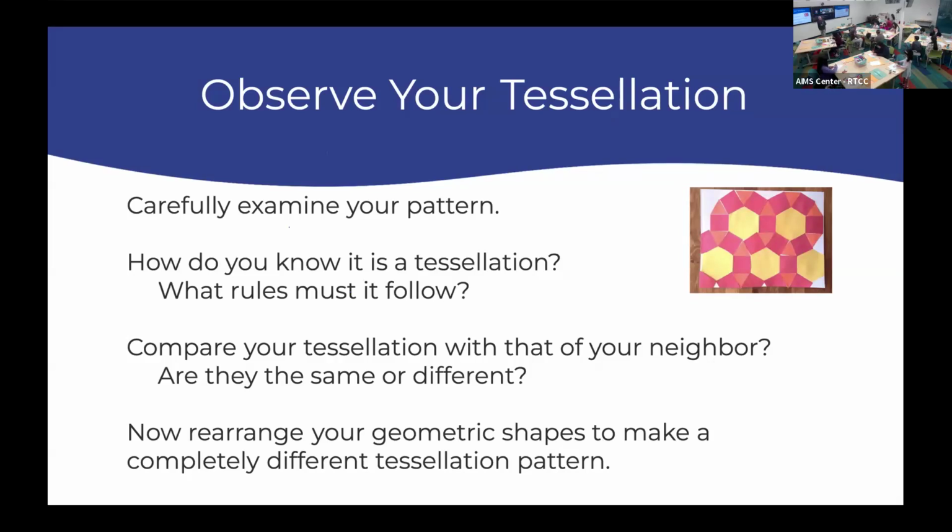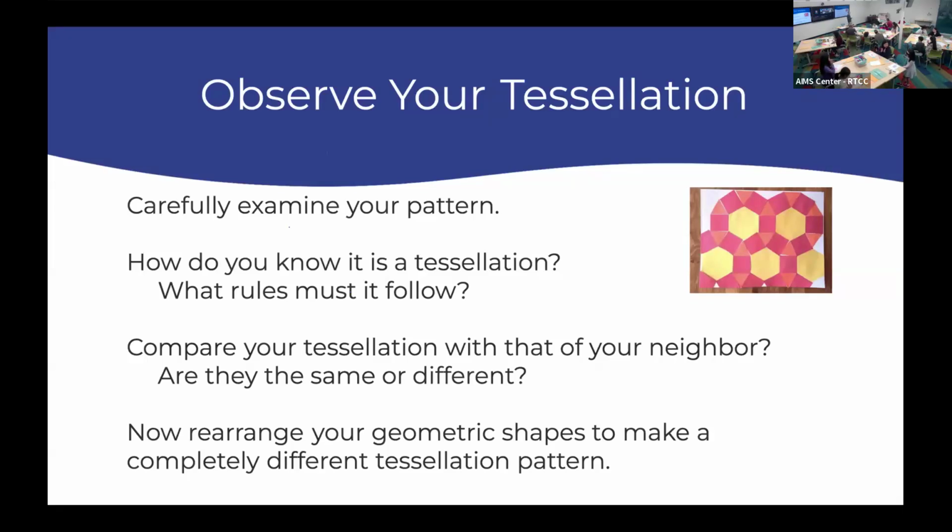So as you're creating your tessellations, carefully examine your pattern. How do you know it is a tessellation? Remember the rules that it must follow to be a tessellation. Does it fulfill those rules? Take a look at your neighbor's tessellations. See how similar or different they are.